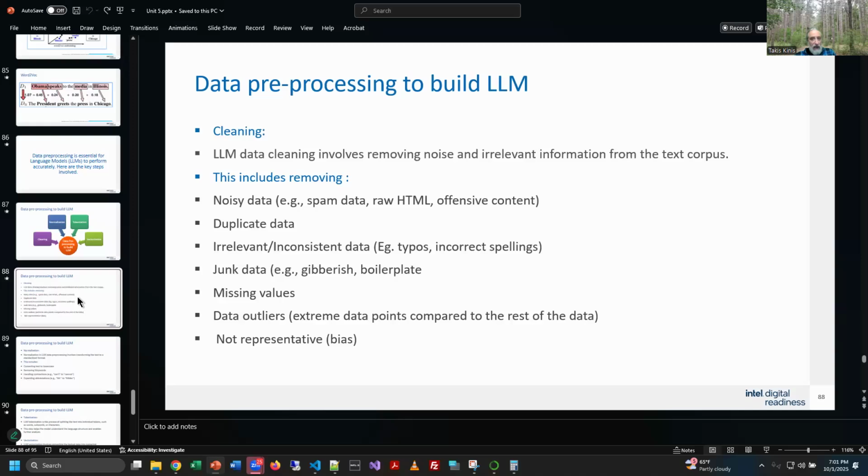Like if it's misspelled, incorrect spelling, whatever. Junk data, like gibberish, boilerplate stuff. So let's say you look at one article, and at the beginning of it they say some stuff that they say in every article that's kind of irrelevant. We just get rid of that. If there's stuff missing, we try to see if we can fill it in or remove that portion of it.